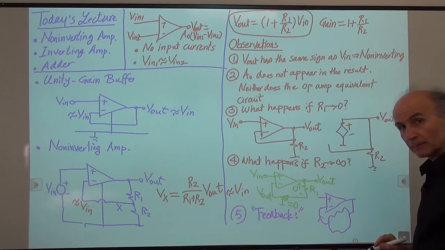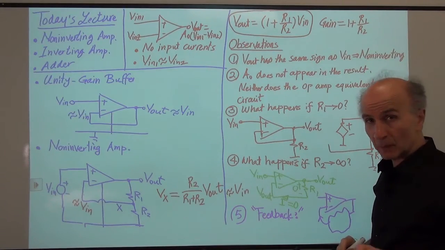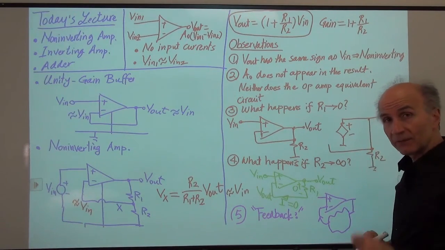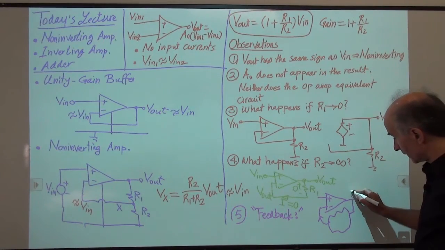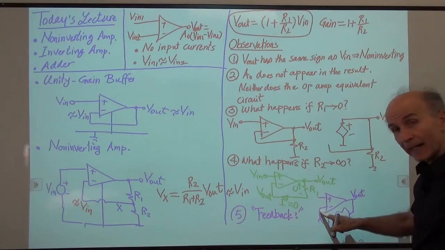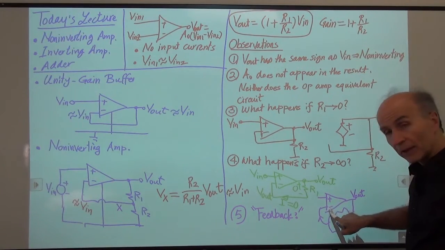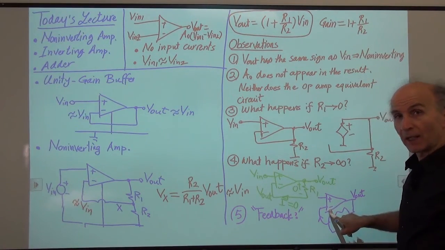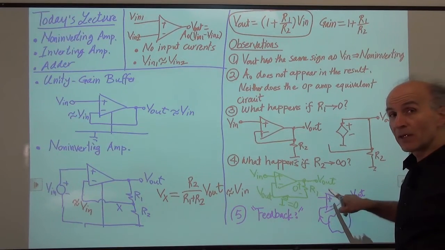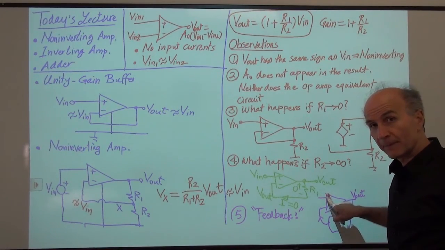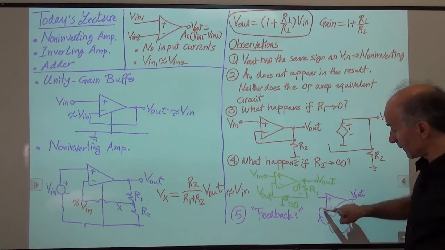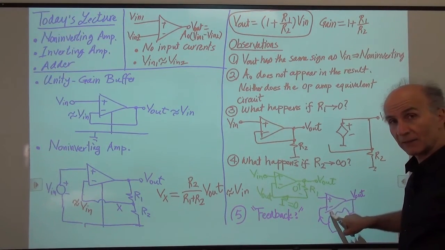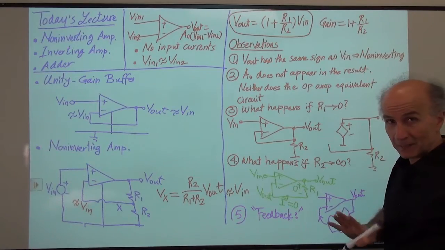Okay? Now we'll be even more specific. We will say this is negative feedback. By negative feedback, we mean that the output, which went through this blob, through this circuit, came back to the inverting input of the op-amp, not the non-inverting input of the op-amp. This is extremely critical, because if we accidentally bring this to the positive input, not the negative input, the circuit won't work as expected.